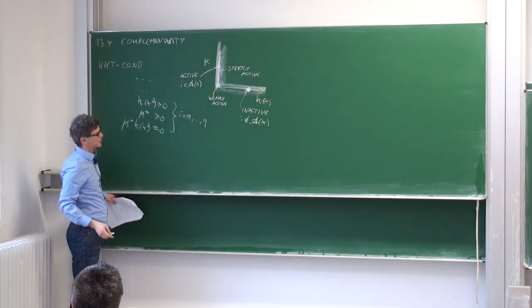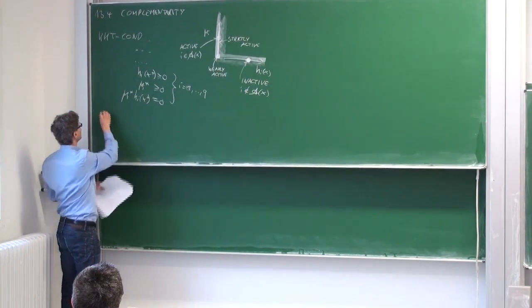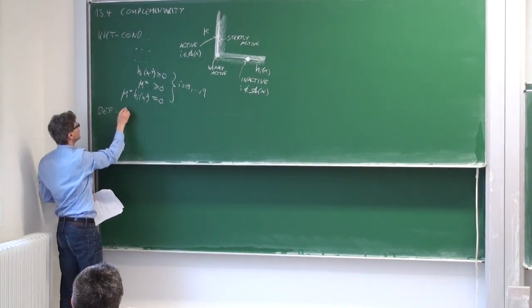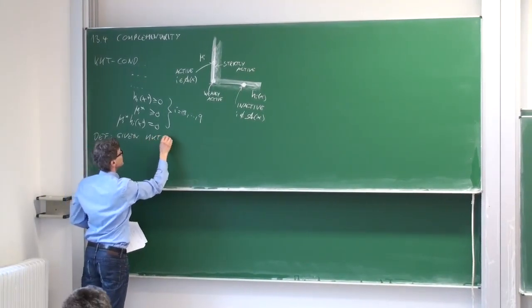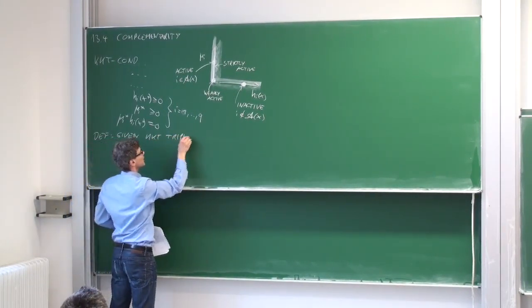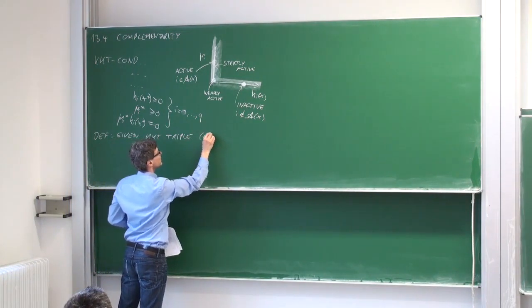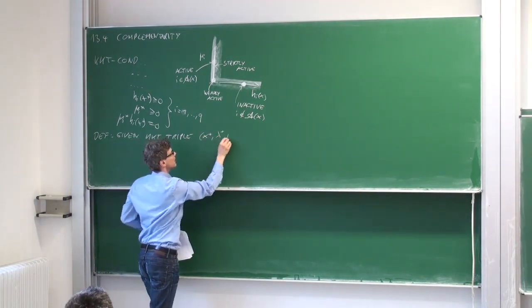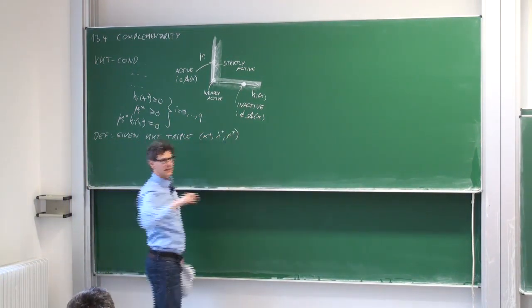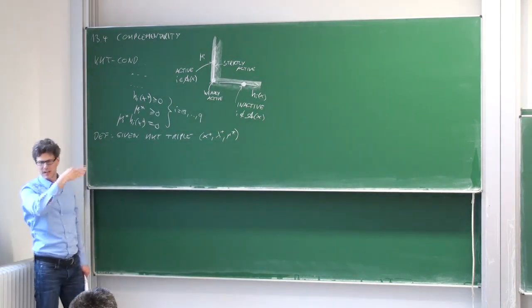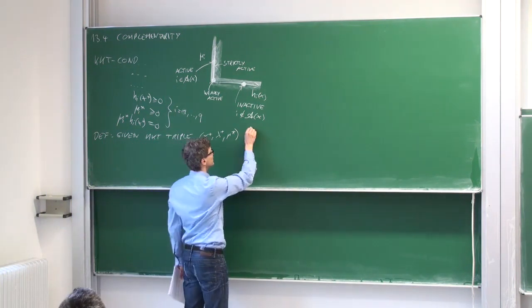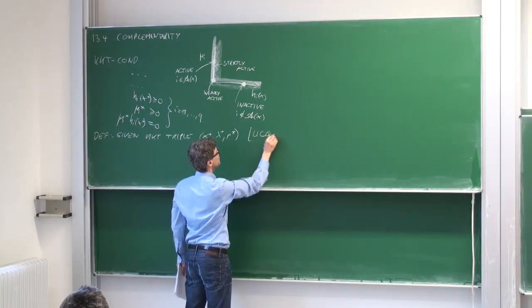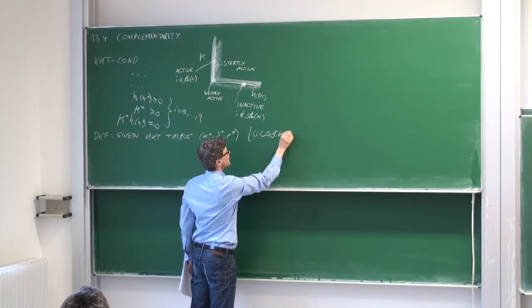So we introduce new sets. So it's a definition now. Given a KKT triple, x*, lambda*, and mu*. And when I say a KKT triple, then I mean LICQ and KKT conditions are satisfied at this point.